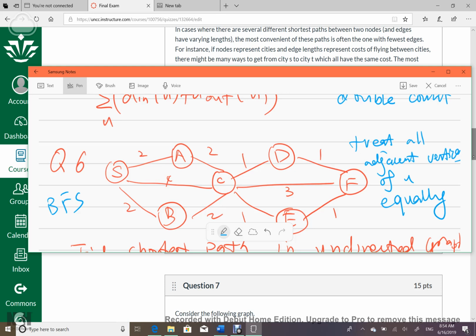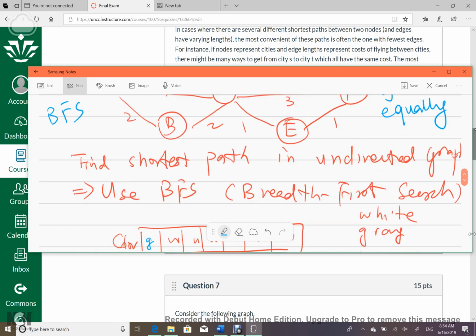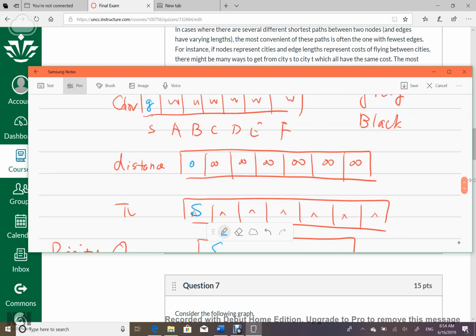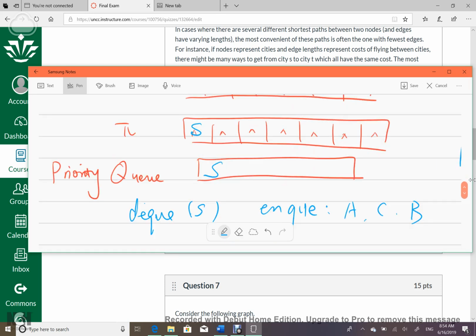Equally. We treat them together. So in that case, this one is out of the queue, and you need to have A, C, B in Q.